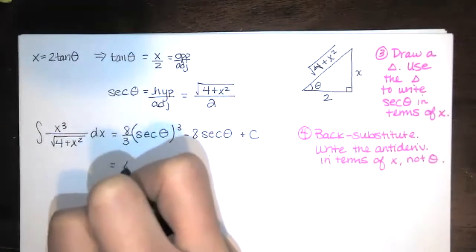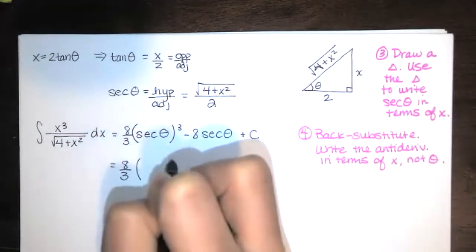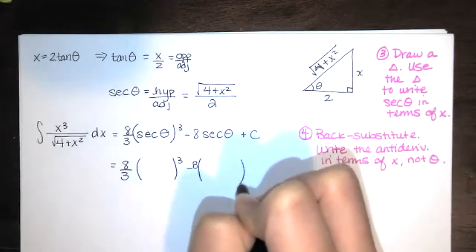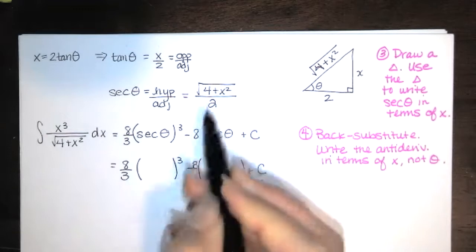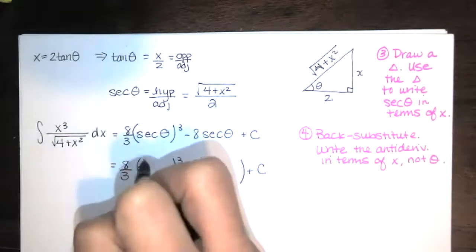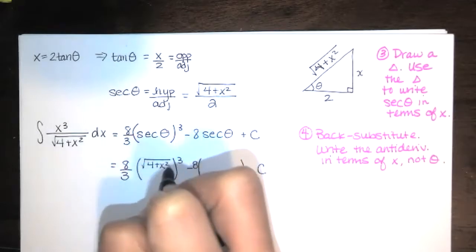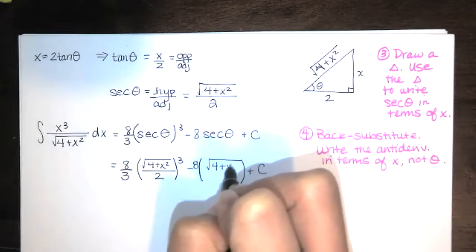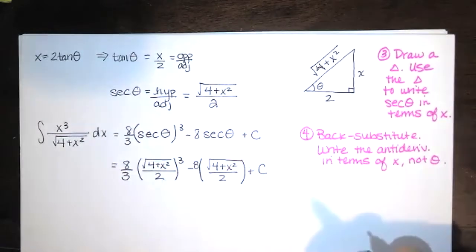And we want to write this entirely in terms of x now. Well, secant of theta in terms of x is the square root of 4 plus x squared divided by 2. So I just substitute that in, and then I simplify.